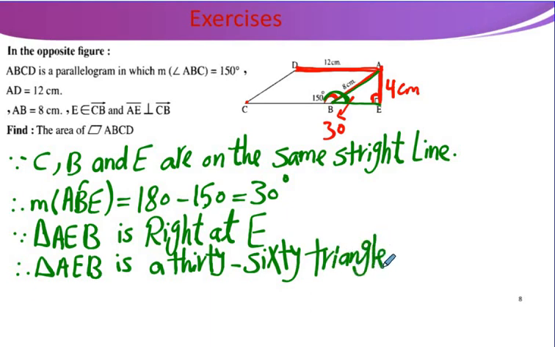Then AE equals half AB equals 4 centimeters.